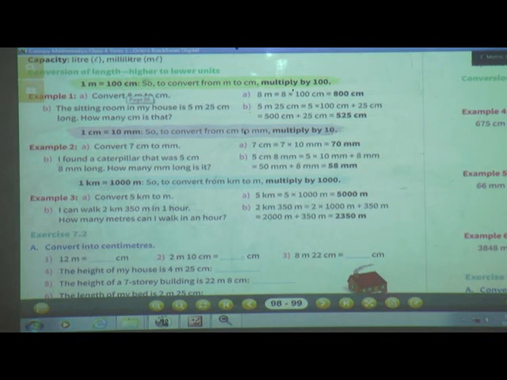And to convert, 100 centimeter means multiply by 100 only, 10 mm means multiply by 10 only, and 1000 meter means multiply by 1000 only.